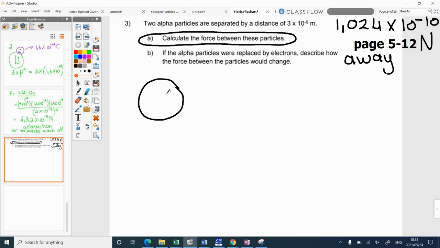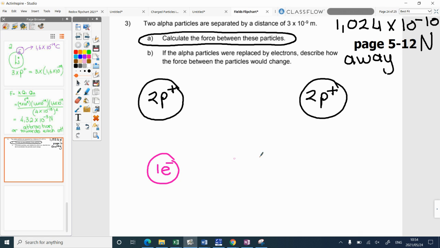Okay, so a helium nucleus and a helium nucleus. This was 2 protons, right? And this was also 2 protons. Now we are replacing them here with 1 electron, right? And another electron. So they say the alpha particles were replaced by electrons. An alpha particle consists of 2 protons, has been replaced by an electron.